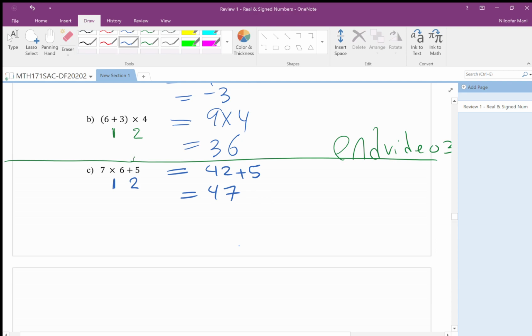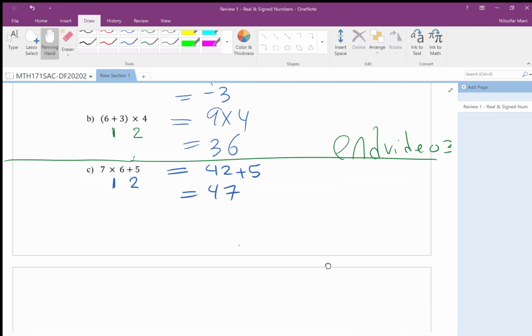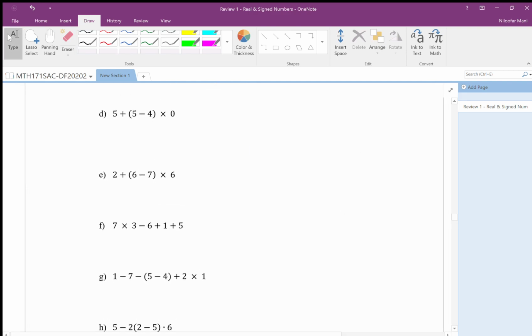Now I continue here, and again I use just the green color to show my order. So this is number 1, that's number 2, and that's number 3. So this is 5 plus 1 times 0 equals 5 plus 0 equals 5.